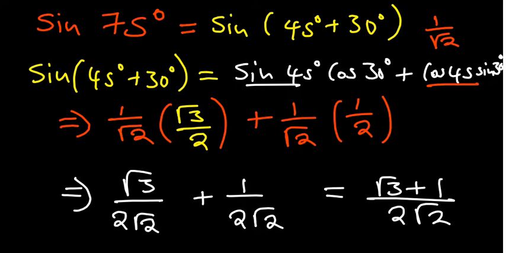So for practice, try out cos 75 degrees. And then what else can you try out? What if I give you, of course, the special angles of cos 45.